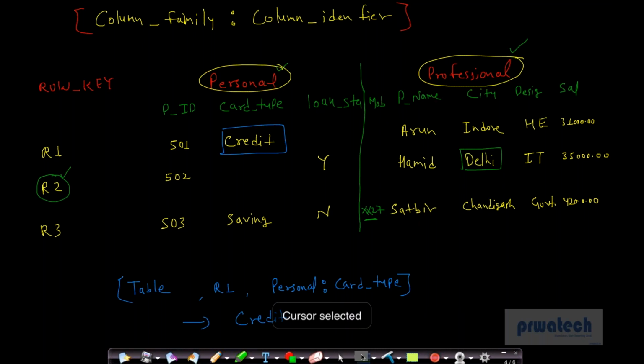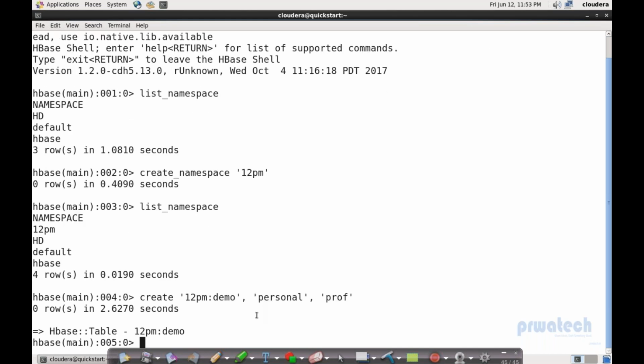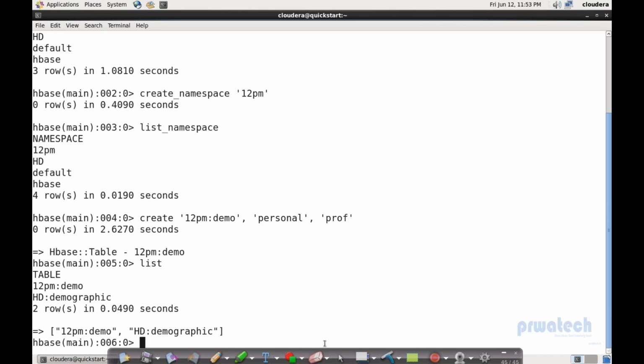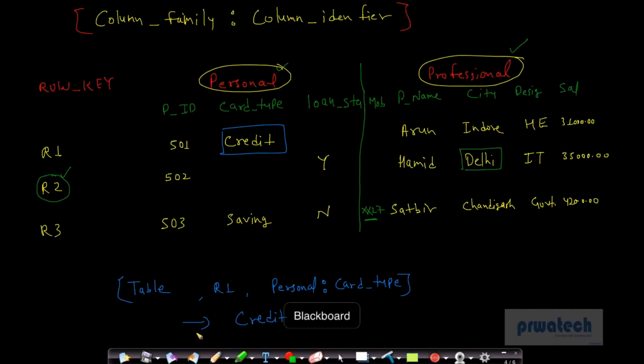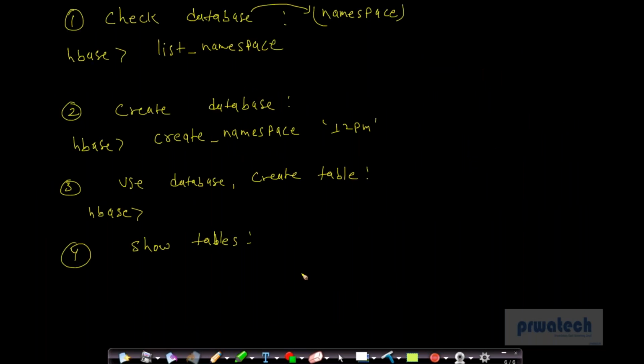So this is the way we work in NoSQL. First we will create the table, then we will define our column family names. Once this is done, enter. I will again use the list command. The list command is to show the tables, to check the table. Here in HBase, we have created one table using the create statement.